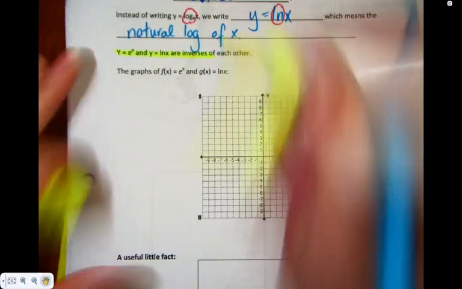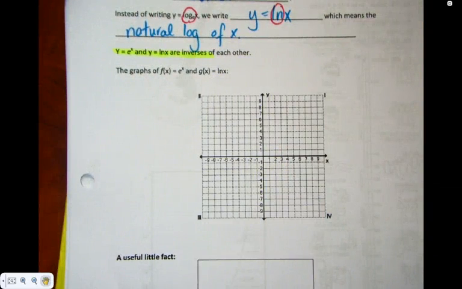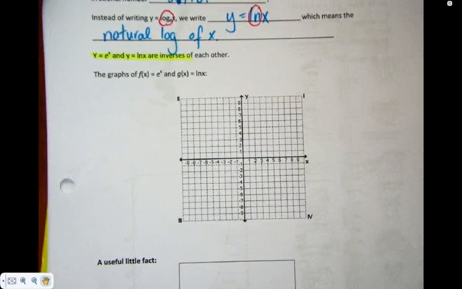Just a note from before that y equals e to the x and y equals ln x are inverses of each other, just like the exponential and the log function. So we can graph e to the x just like base to the exponent x. Those are just exponential functions.